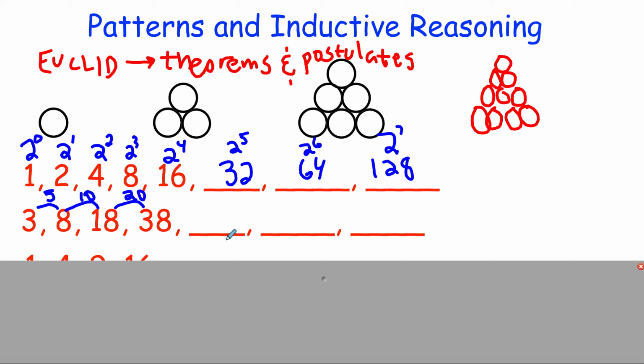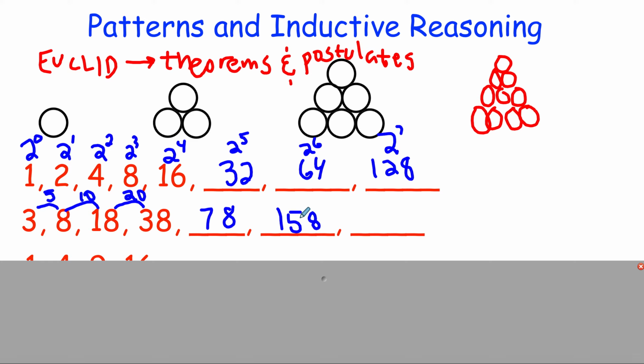Well, there's actually a few ways that you could go here. You could see that maybe the difference between each of these numbers is doubling. So first we had 5, and then the next difference was 10, and the next difference was 20. So the next difference should be 40, which would make this 78. And then the next difference would be, what's 40 times 2? 40 times 2 is 80, which would make that 158.